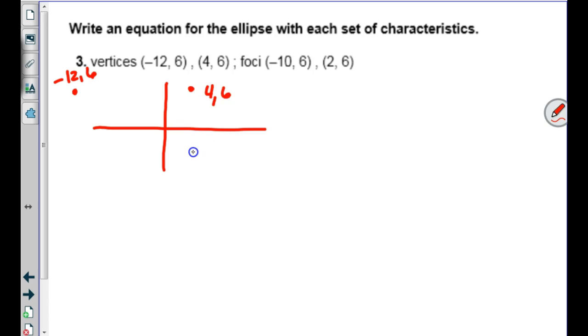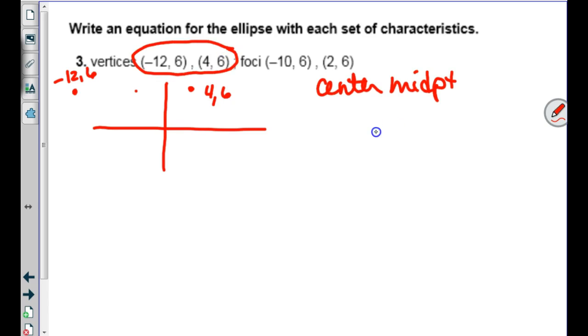Okay, so if those are the vertices, can we find the center? The center is at the midpoint of those two. What's the midpoint? -12 plus 4, 6 plus 6, divide by 2.